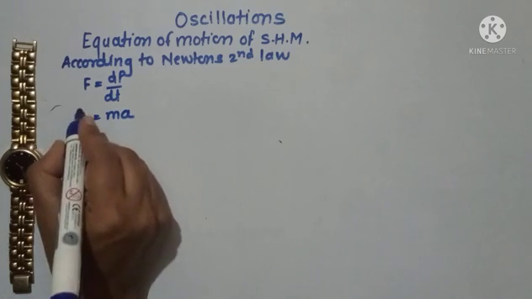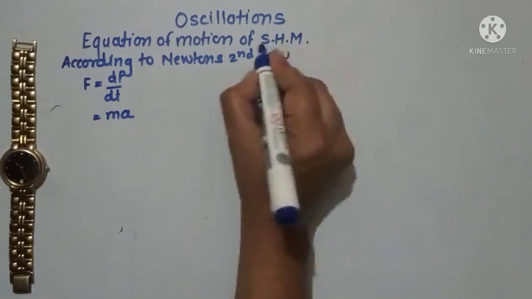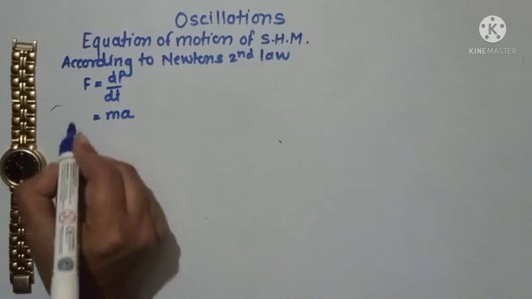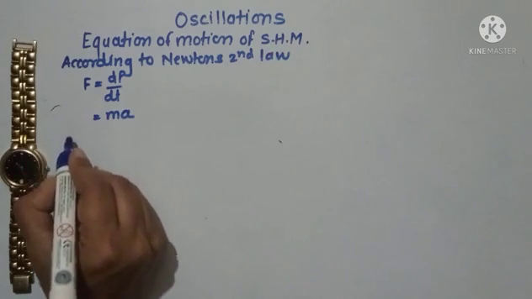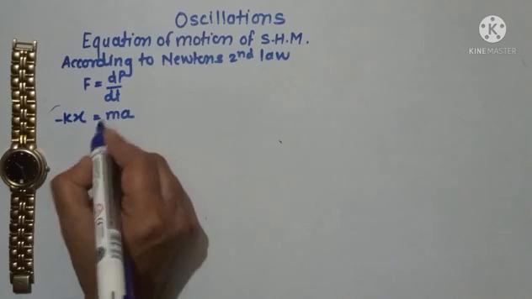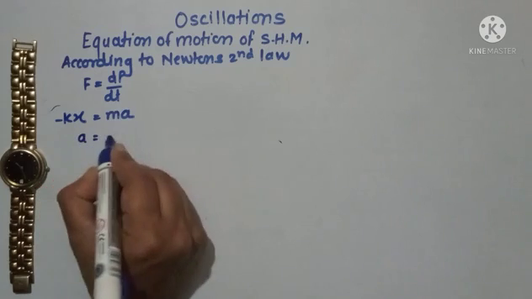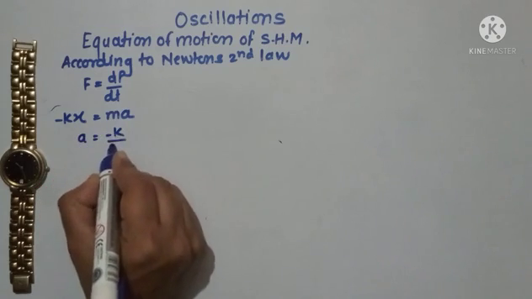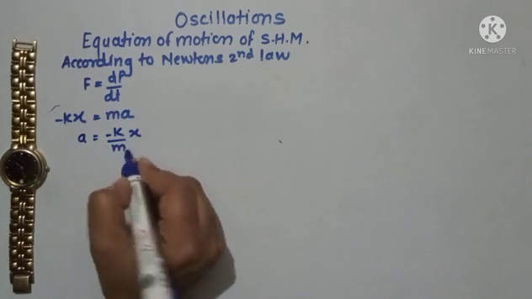Now we know that this force is a restoring force in the case of simple harmonic motion. So I can write this as minus k into x, and I can write a is equal to minus k upon m into x.